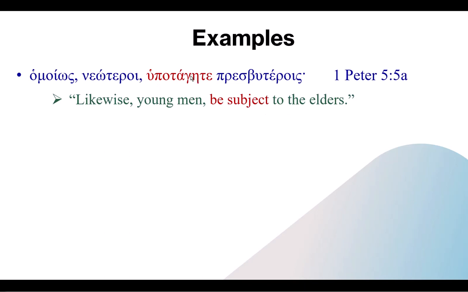It's second aorist, so we see the ete at the end. And so it's likewise, young men, be subject, and then to elders. So this would be a dative here, the ois ending. And we would probably add "the" in our translation. So be subject to the elders, from 1 Peter 5:5a.